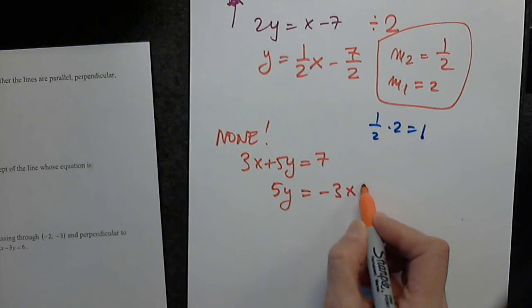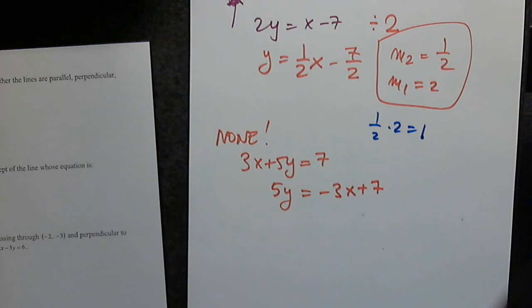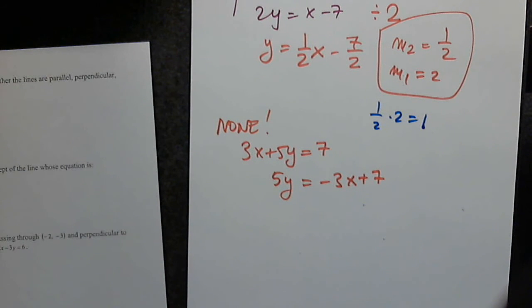Perfect. And now? You divide by 5. I cannot divide by the variable.